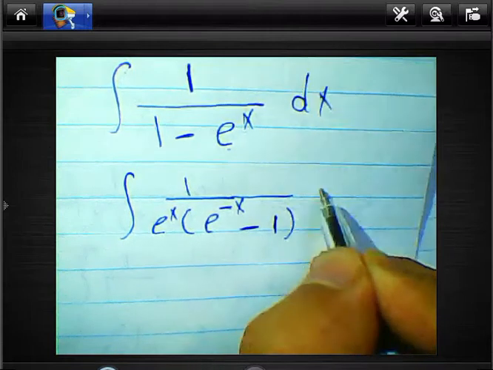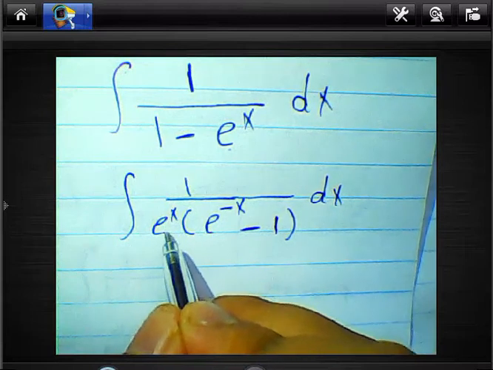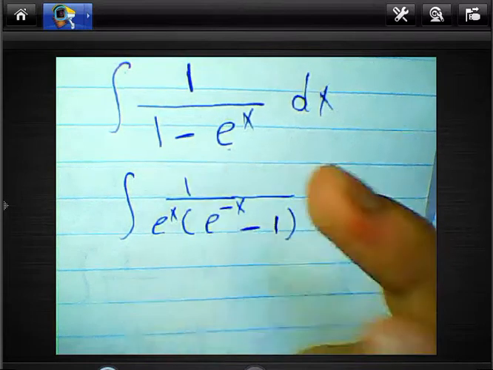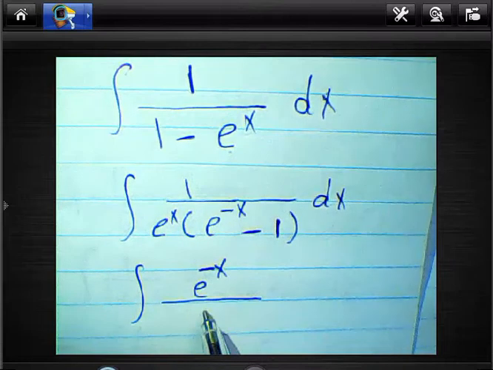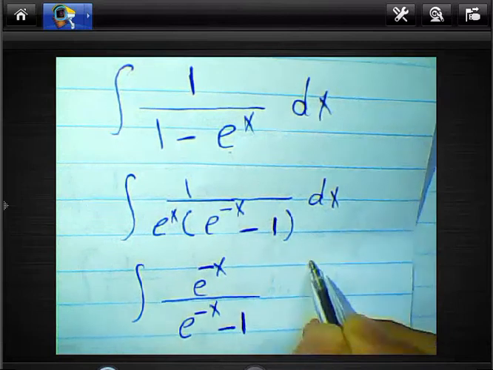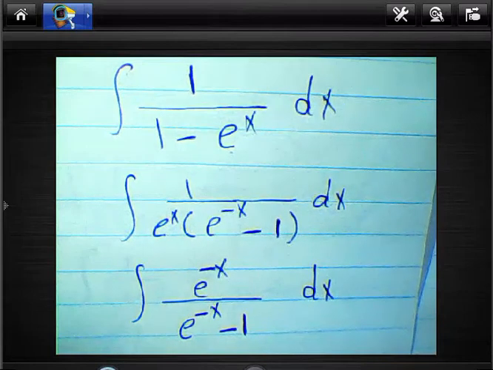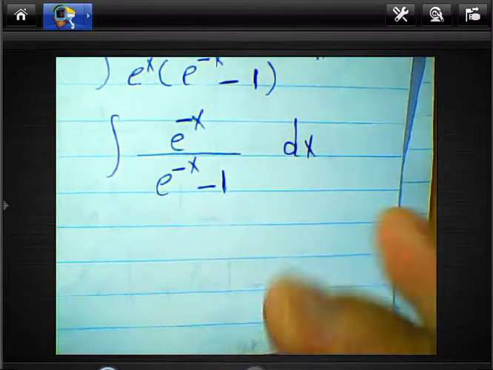It will be dx. And we can write e power x from the denominator to the numerator. The result will be e power negative x over e power negative x subtract 1 dx. It's okay. And we must put u equal to this expression.